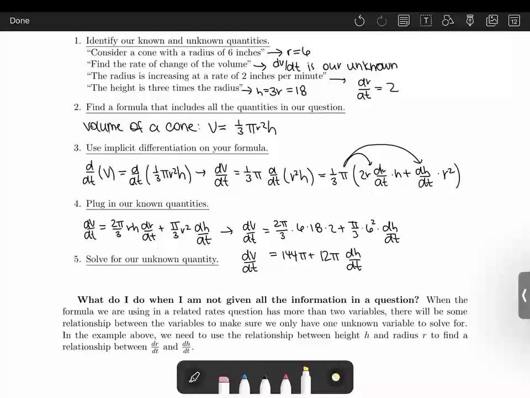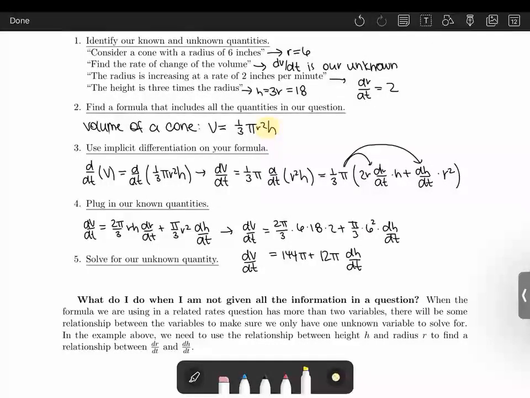So in this example, we're going to need to find some relationship between the height and the radius, which were the 2 variables in my volume formula. We need to find some relationship between these 2 variables to figure out what dH/dt is equal to.